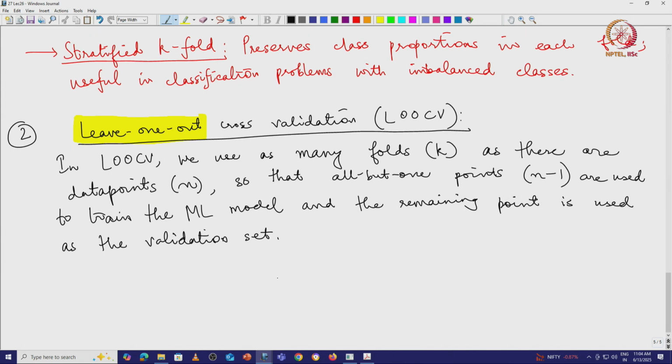Right. So, there are some advantages and disadvantages of this. The advantage is that using a large training data reduces the bias in the models trained in each fold.